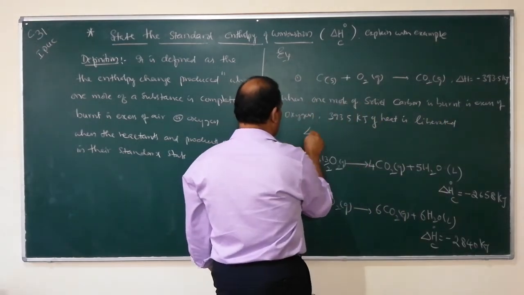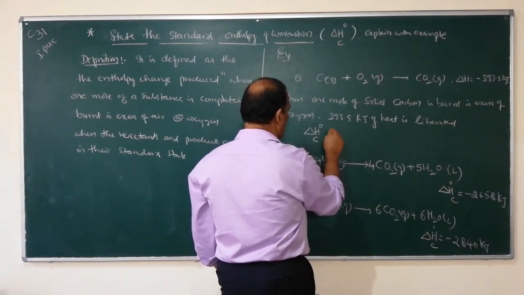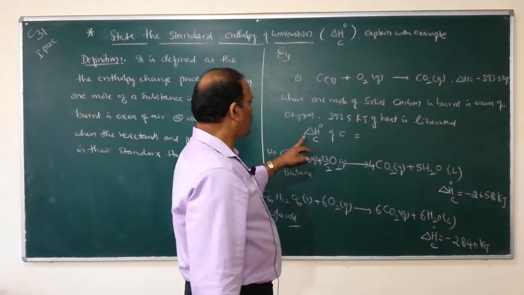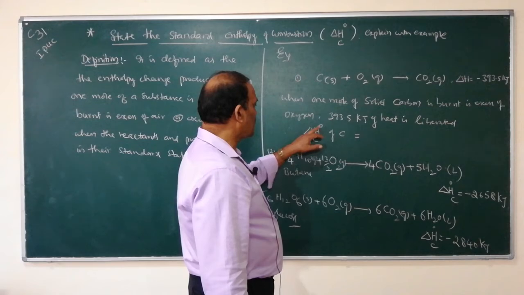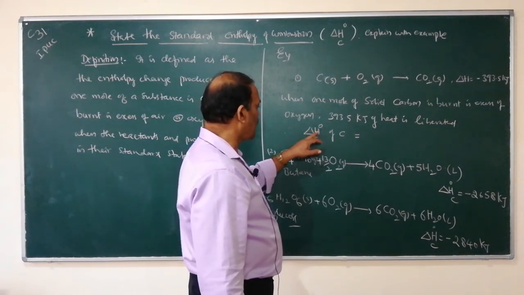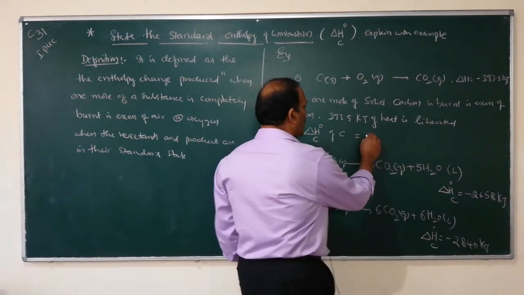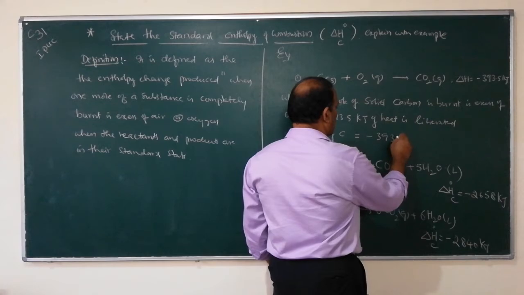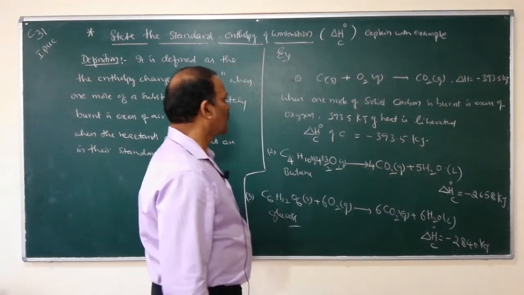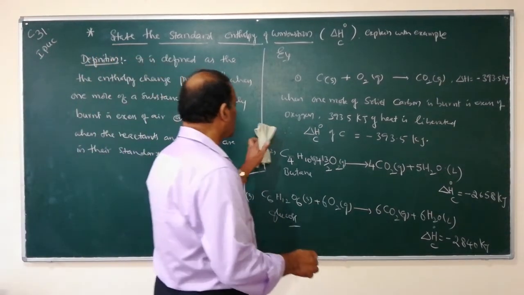Therefore, delta Hc naught of carbon equals the standard enthalpy, since we have put the naught here it means standard. Delta Hc naught of carbon equals minus 393.5 kilojoules. So what is the second example?